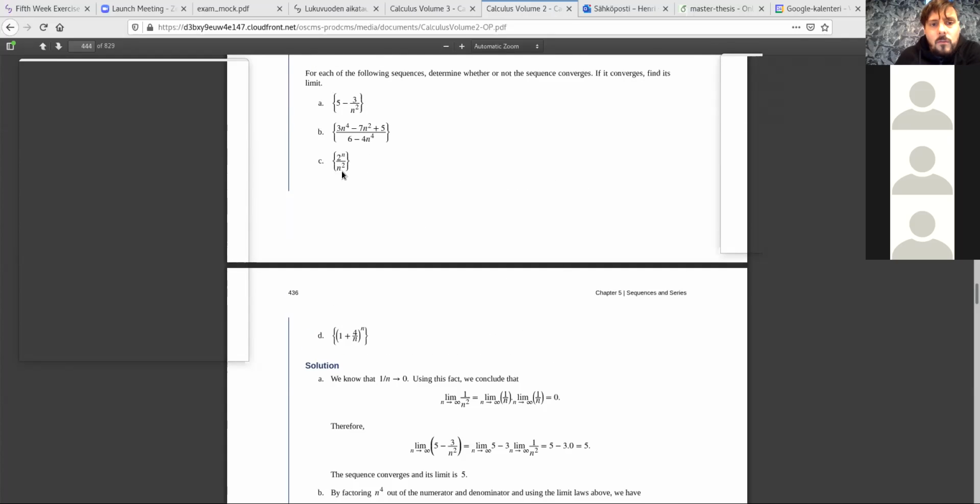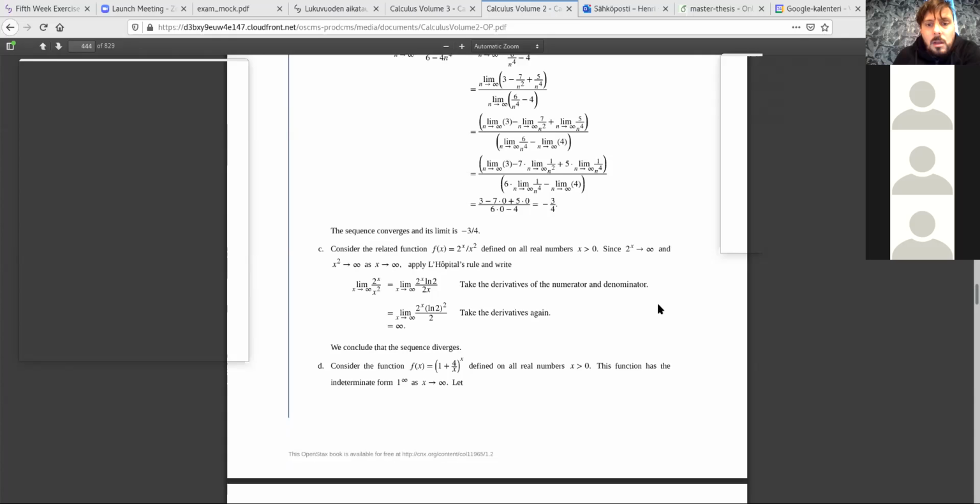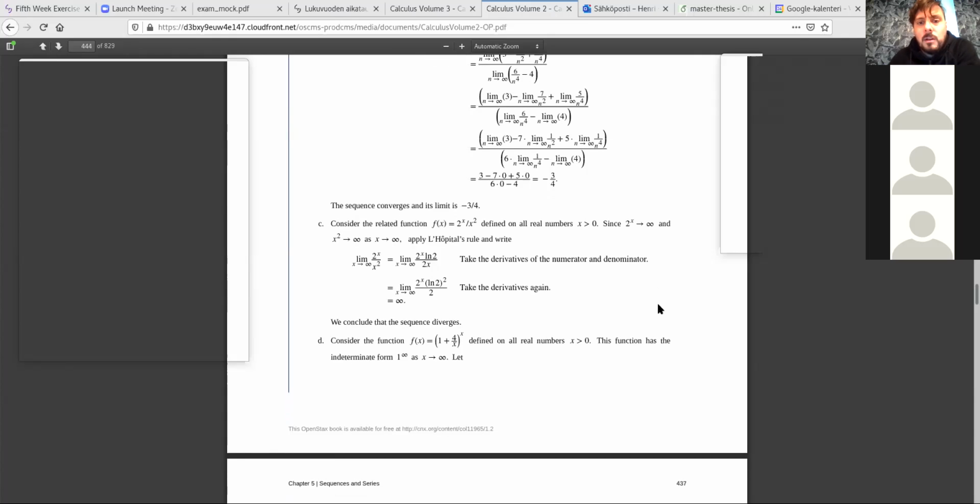2 to the n over n squared goes towards infinity. It's not immediately obvious, but both go to infinity, so you can use a function and apply L'Hopital's rule.